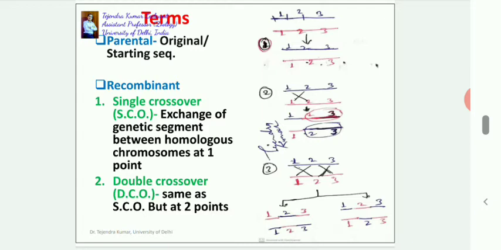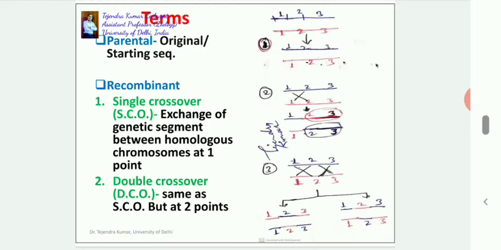The red gene is shifting from the lower to the upper side, and it also carries the 3. There is a shift of only one gene, only a single part. It means this is a single crossover.